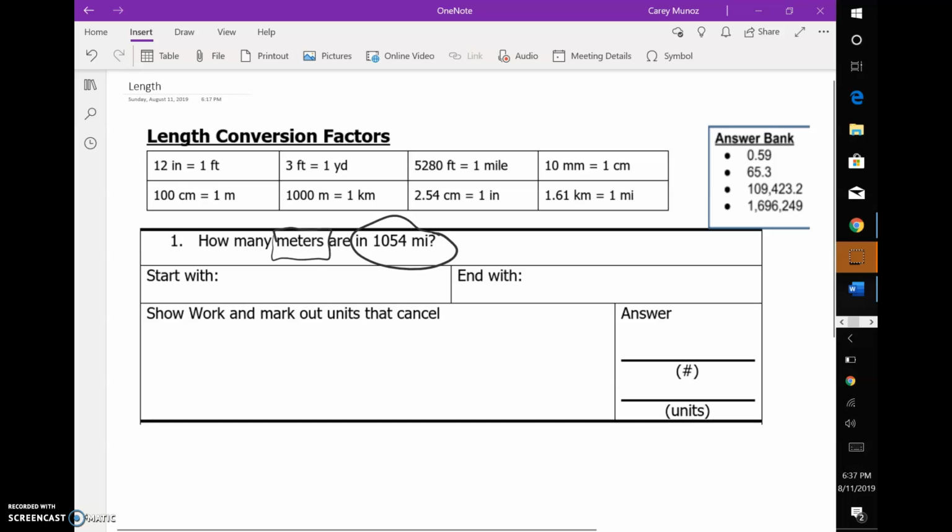And the question wants us to go to meters. So if you're using your path sheet, you're going to go from miles to feet to inches to centimeters, and then to meters. So we're going to have our given, which is 1,054 miles. We want to end with meters.